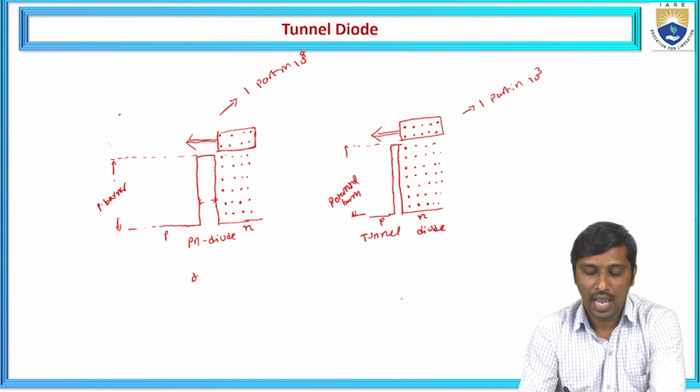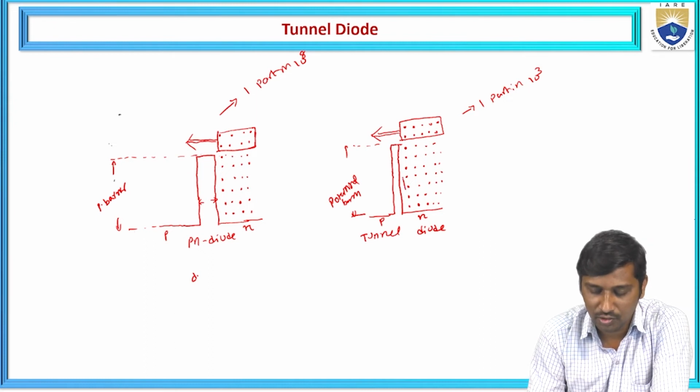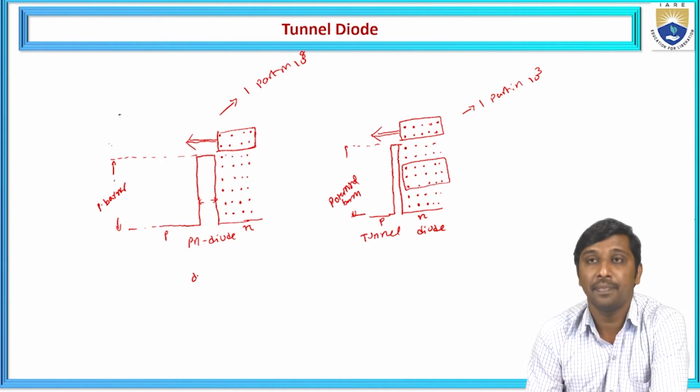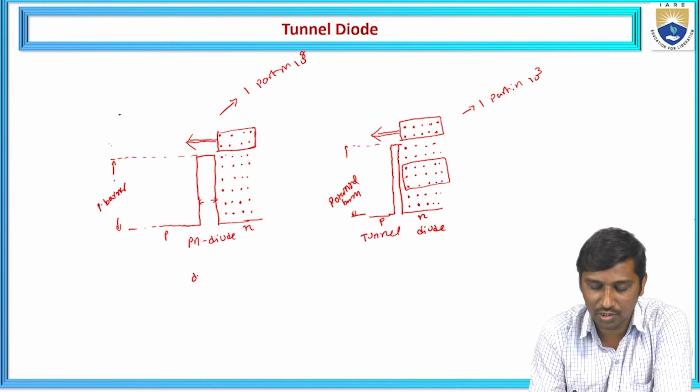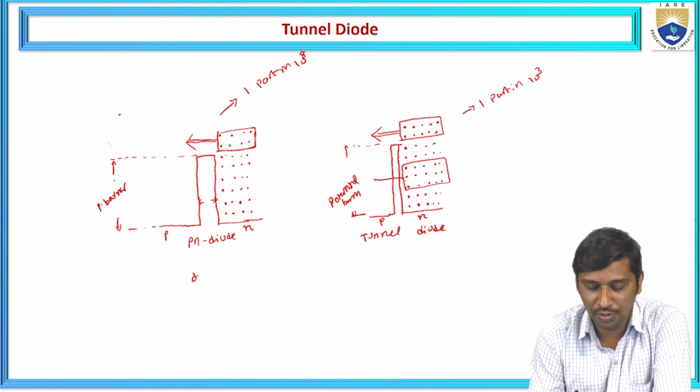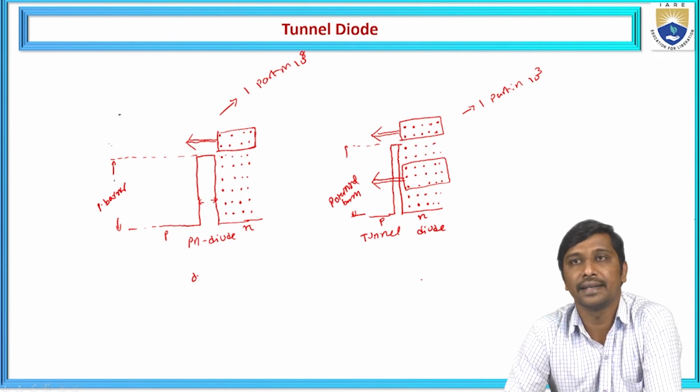But due to the formation of the thin junction compared with a normal junction, some of the electrons having lower potential compared with the space charge region are also diffusing towards the opposite region to allow the conduction.